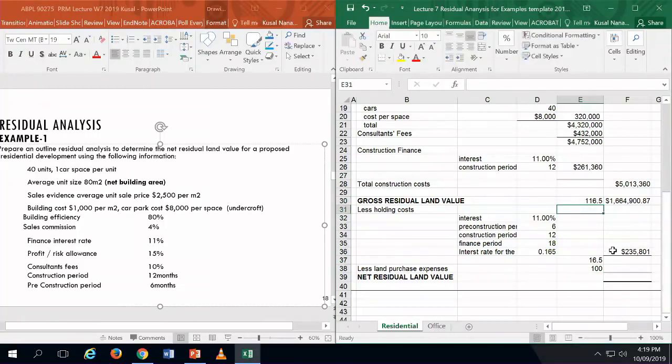So how do you get this one? This divided by 116.5 multiplied by 16.5. Same as what we did in the profit calculation. Those are the small tricky parts in residual analysis because we are going backwards.